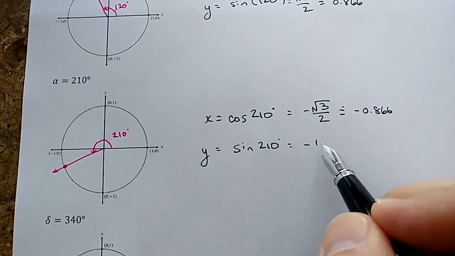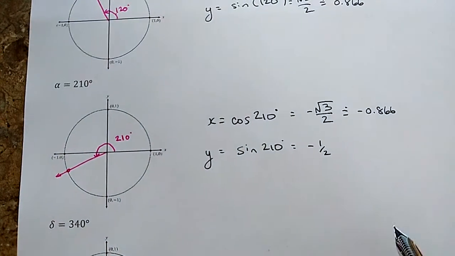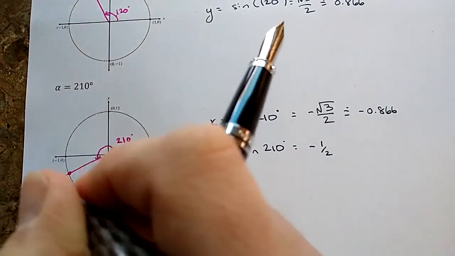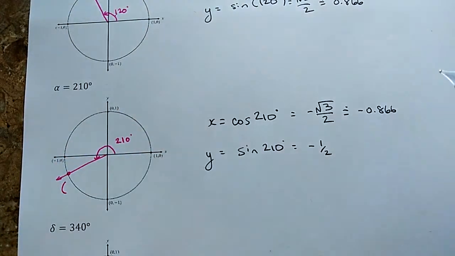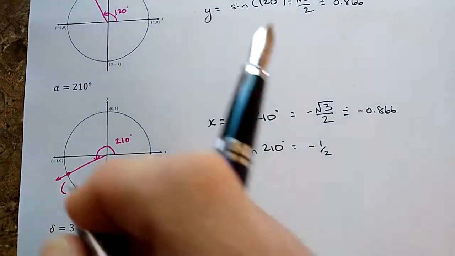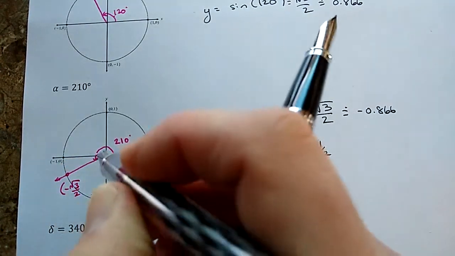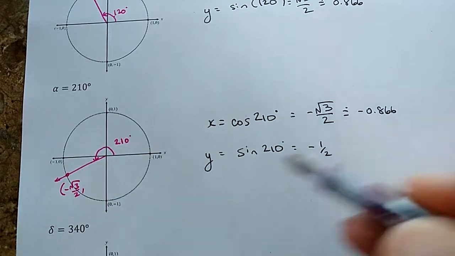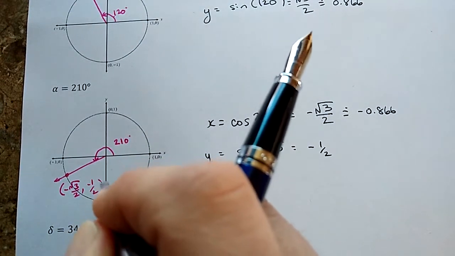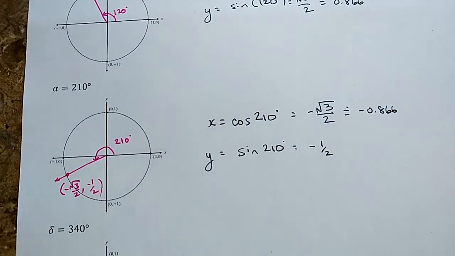Interesting that those are really similar numbers. Okay, well, let's write that down. So the x value is a negative number as expected, because we're over here in this quadrant. And the y value is also negative. Okay.